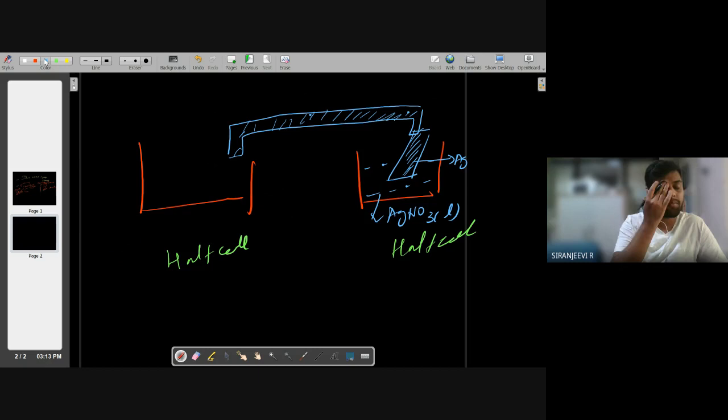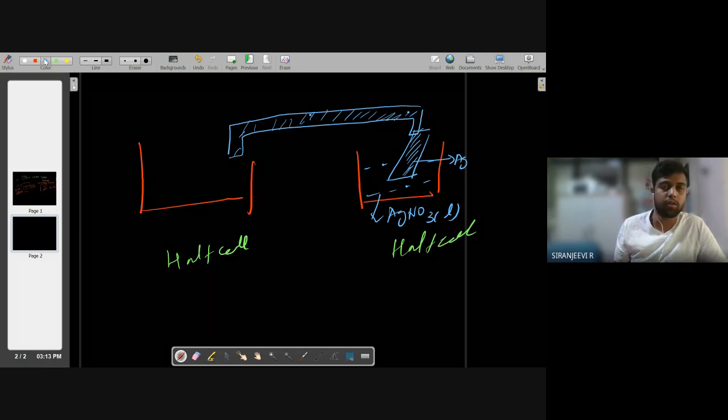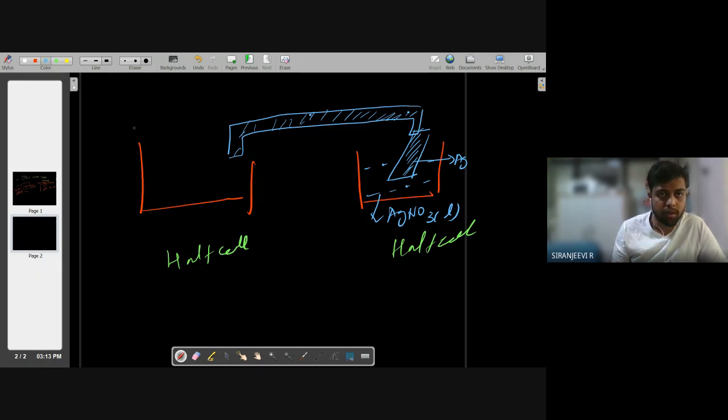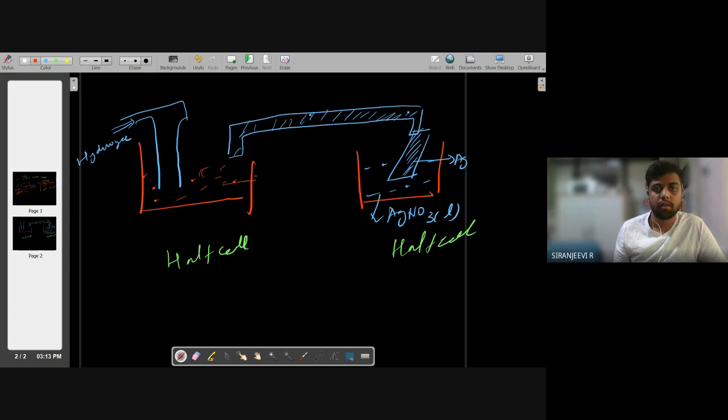Especially in the standard hydrogen electrode, there is hydrogen gas pumped in, suspended in hydrochloric acid solution where the H+ ion concentration is unity, and inside we have the platinum rod.